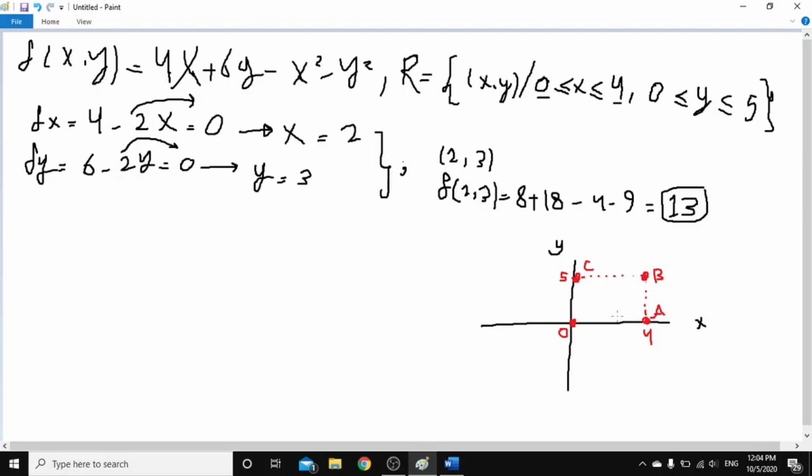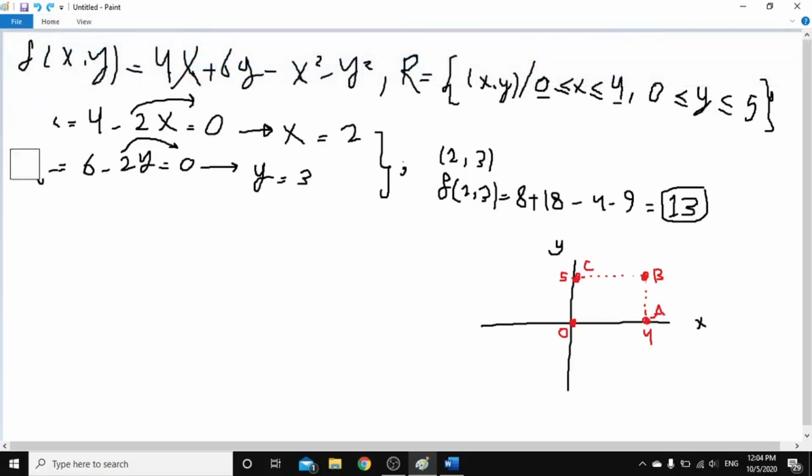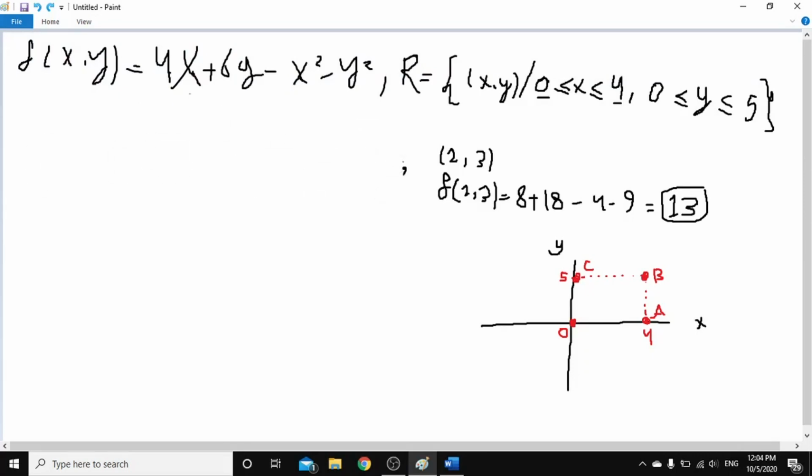So from here, we have 4 steps to finish this example. The first step, we need to investigate what is happening in this region on every line. So we need to find from O to A, from A to B, from B to C, and from C to O. Before I start, let me make a little space here to start solving every line.